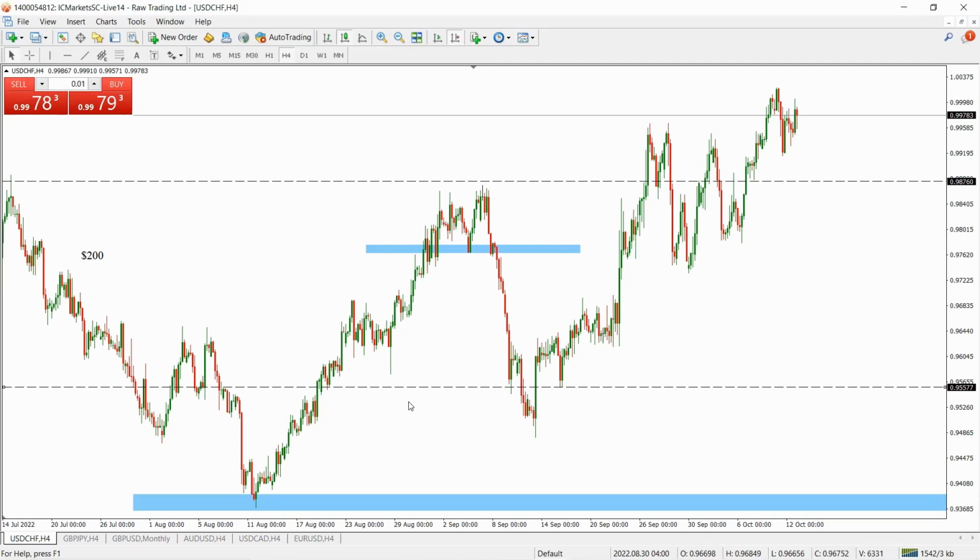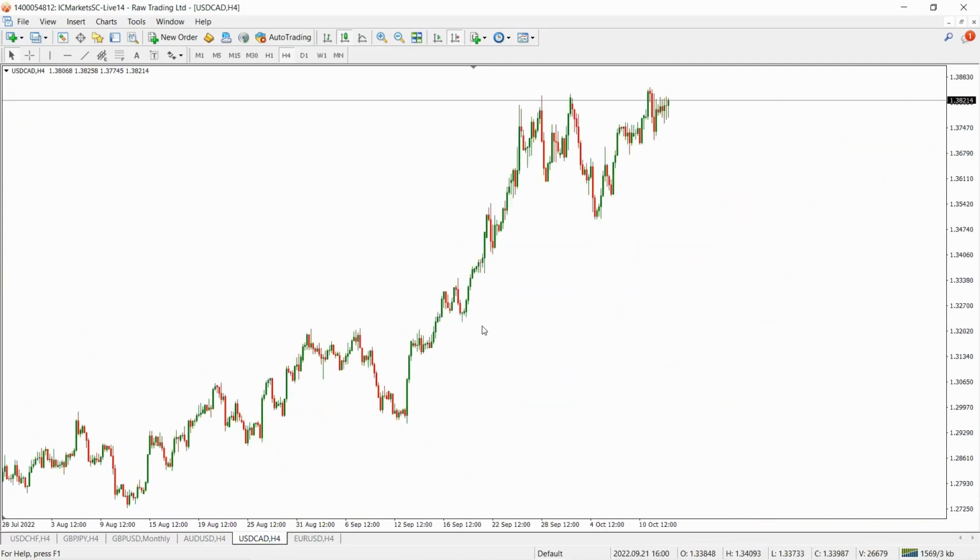Now imagine that you are risking just $200 from a $10,000 account. Are you telling me that if price starts to move against you, it's going to make you lose sleep? Do you hear my question? Let's say you have a $10,000 account size and your risk per trade is $200.